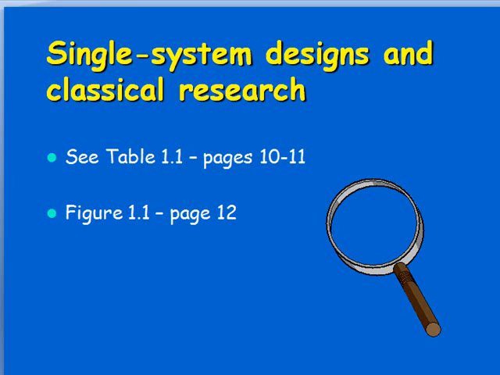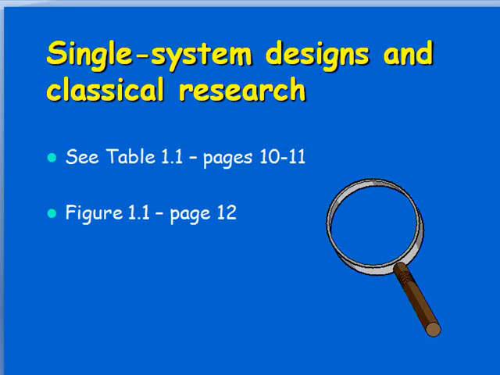Again, there are some of the other things that we've already talked about. Choice of goals are driven by the client. Those are negotiated between the client and the practitioner, and those can change over time.